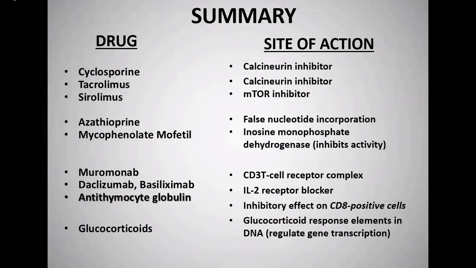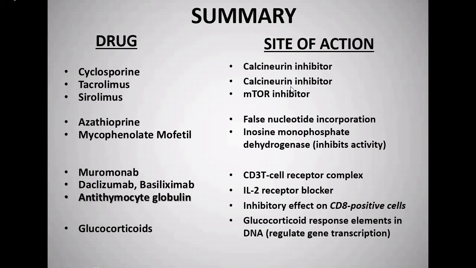Now we can summarize in one go, if you want to remember the drugs with their specific action. Today's topic is mainly immunosuppressants. The main drugs are the specific T cell inhibitors: cyclosporine, tacrolimus, and sirolimus. Cyclosporine and tacrolimus are calcineurin inhibitors. Sirolimus is an mTOR inhibitor.